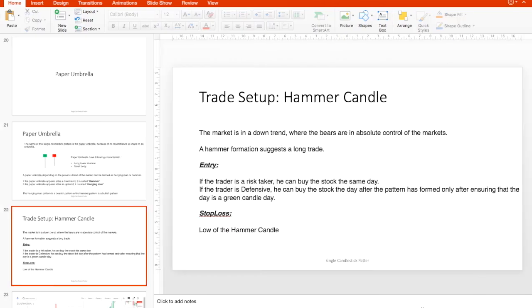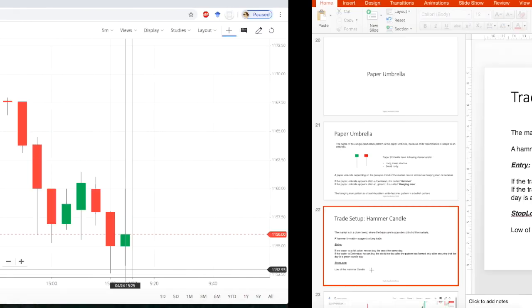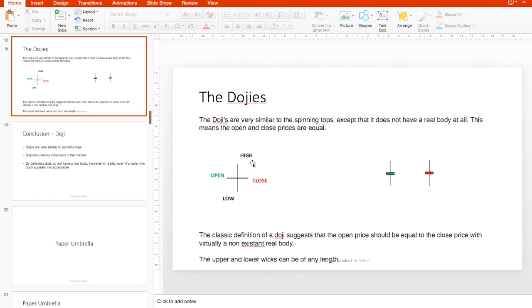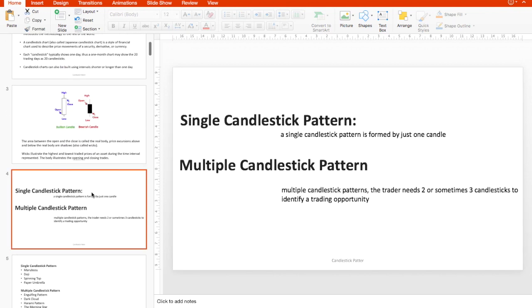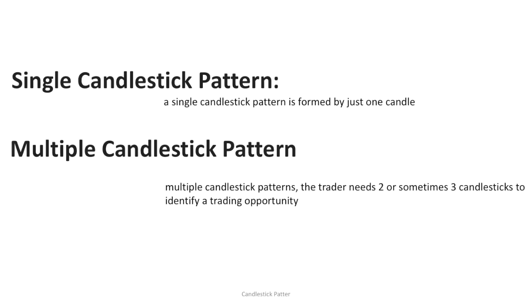Now we are going to learn about candlestick patterns. There are two types of candlestick patterns: one is single and second is multiple. What do we mean by a single candlestick pattern?